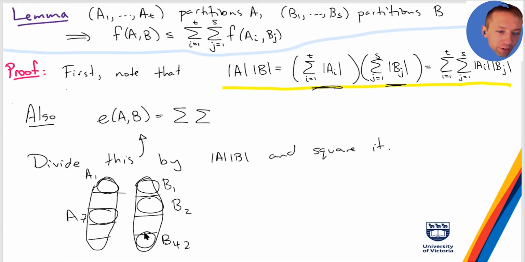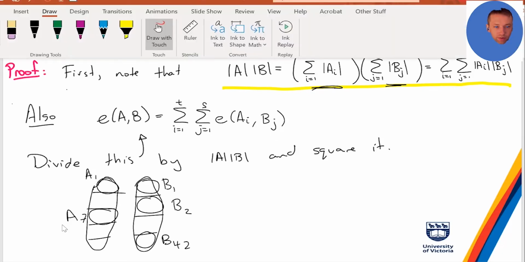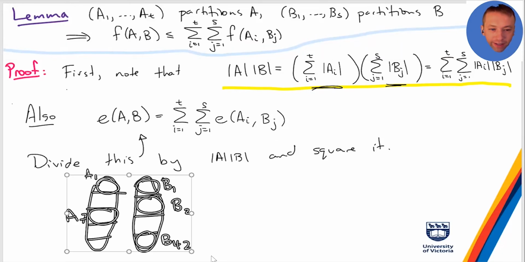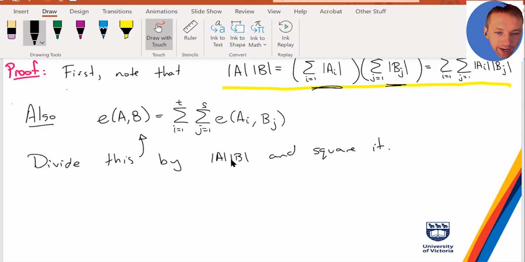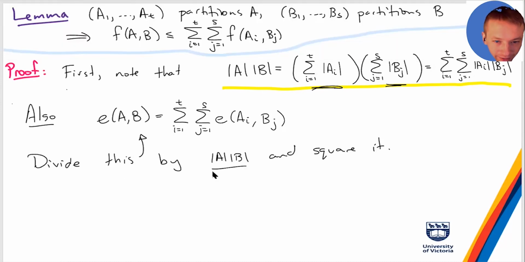Just count over all the pairs and add up all the edges. So the number of edges from A to B is the sum over all pairs of sets, i equals 1 to T, j equals 1 to S, of edges from AI to BJ. So what happens if I follow my own advice here and divide this by A times B, and square it? Or maybe even if I just divide it by AB. What do I get?